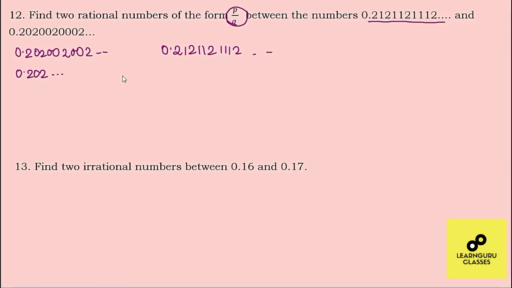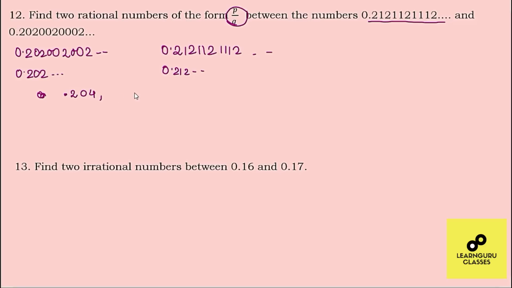Okay, so first of all, the numbers that you will find will be a terminating decimal expansion. Then you will be converting into fraction. So between 0.202 and 0.212, two numbers you have to choose. Let us choose 0.204 and 0.206. Then you have to convert 0.204 into p by q form.